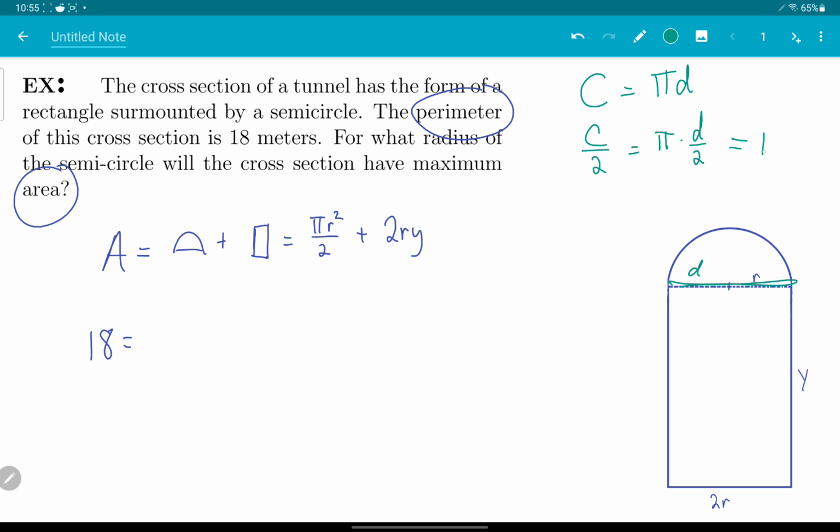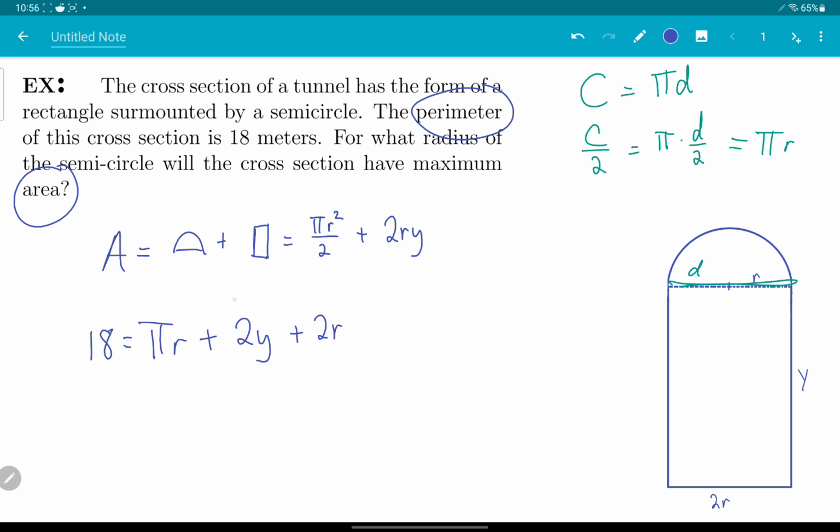So d over 2 is just r. Okay, so what have we found? We have found that this semicircular edge has length pi r. So we got pi r plus 2 side lengths of length y, and then 1 side length of length 2r.